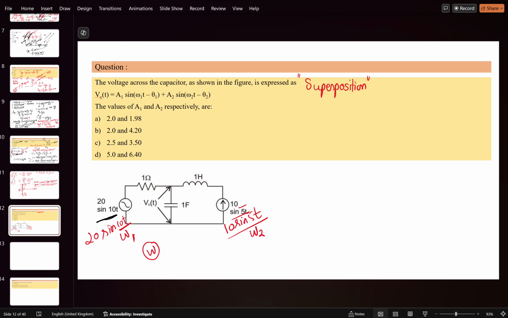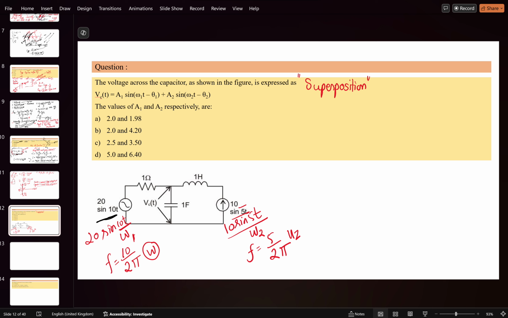You cannot draw the phasor; you cannot directly convert this sine of 5t, taking it as a reference, into leading or lagging. They are different rotating terms. If omega is 5, it rotates at 5 by 2 pi hertz, and this one is 10 by 2 pi. They are at different frequencies.